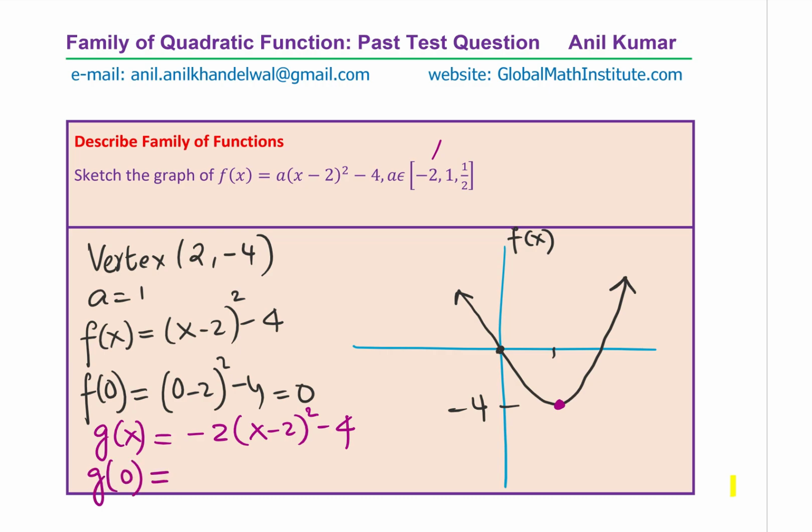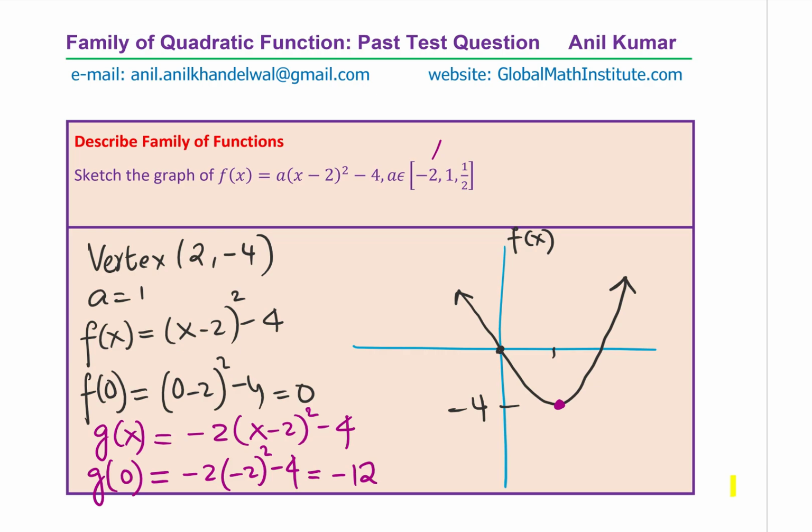So if I substitute 0 here, I get −2 times (−2)² − 4, and that value is 4 times −2, which is −8, and we have here −12. Do you see that part? Correct? So we have −12 this time at this value. So the y-intercept is not at 0 now, but it is at −12.